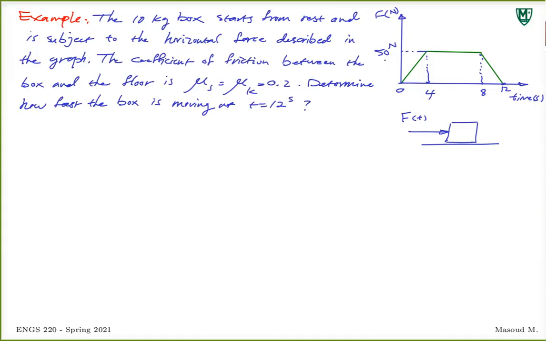Remember, the equation was this one. We were looking at this equation. The integral of F dt, now I'm writing it in integral form because we have the force as a function of time, is equal to mv2 minus mv1, from t1 to t2.